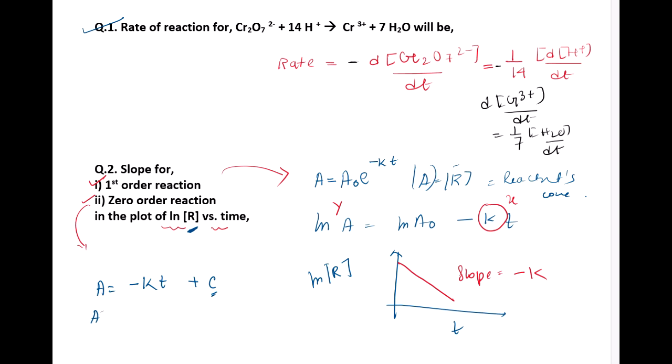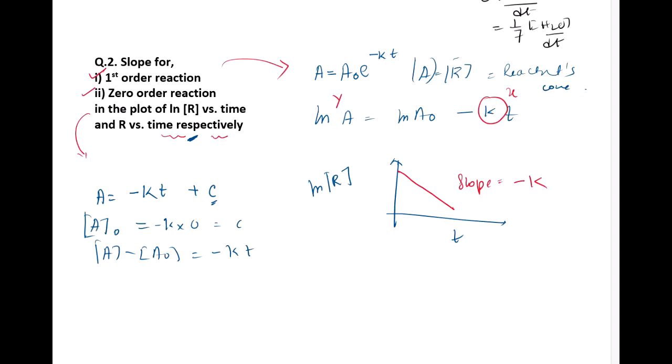At time t equals 0, A equals C, so C equals A0. That means A minus A0 equals minus kt for a zero order reaction. Now, if we want to plot ln A versus t, we have to take the ln of the equation.